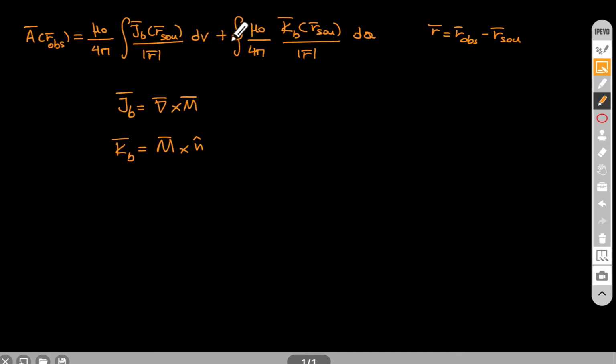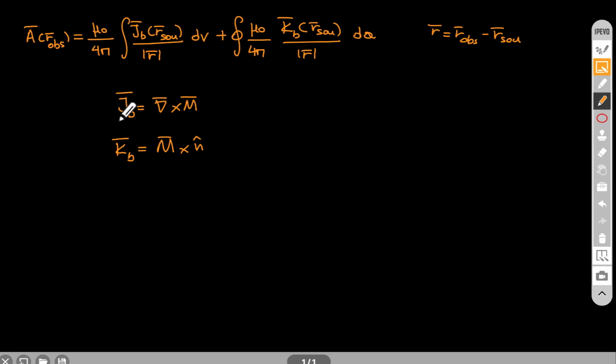And then we add to that the contribution of the closed surface integral of the constant, and that will be the bound current density, or this is a surface current density since this integral is over a surface, divided by R times dA. Now, by definition, what we have here is the volume current density and the surface current density.